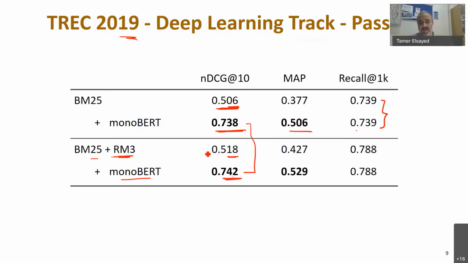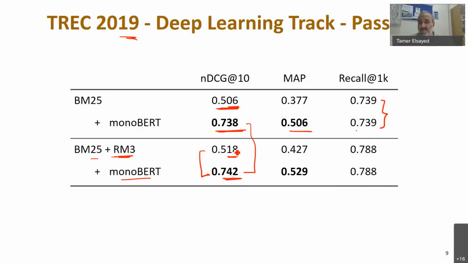Of course, the comparison here is that this is clearly much better, but with expansion, with pseudo-relevance feedback, it's a bit better, right? A very small jump.